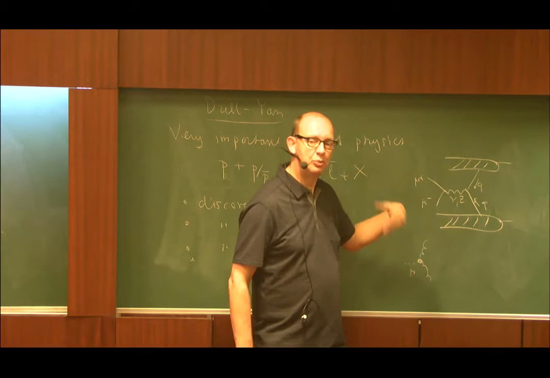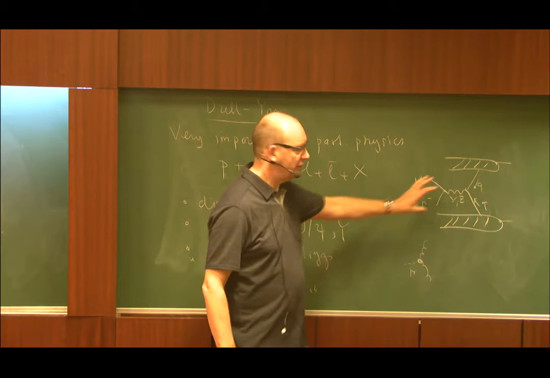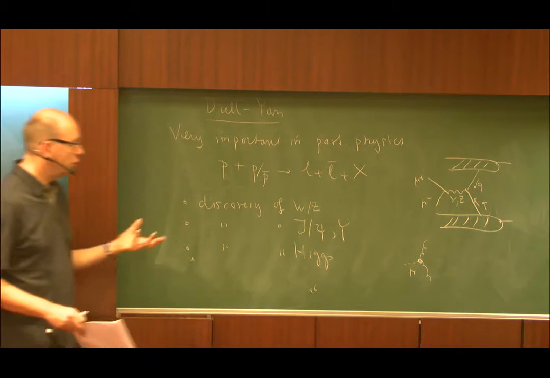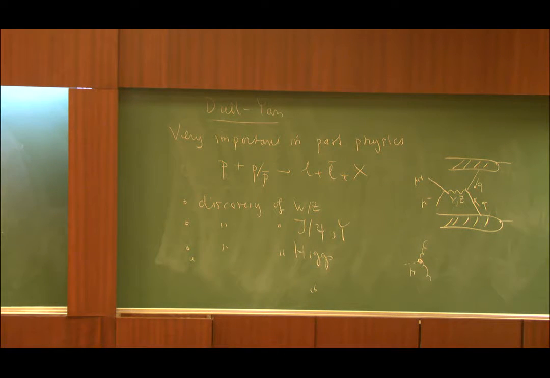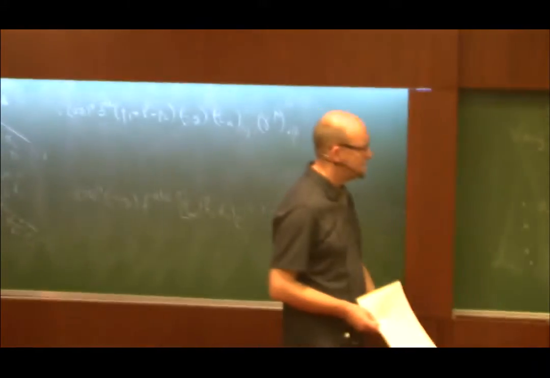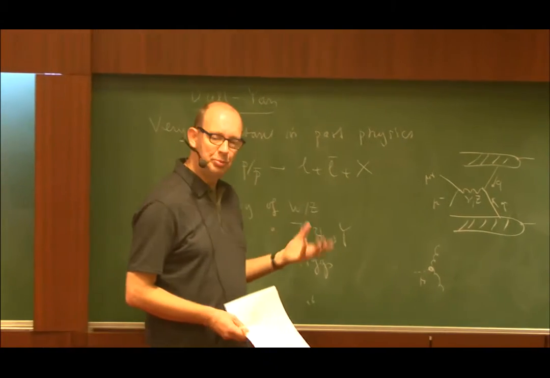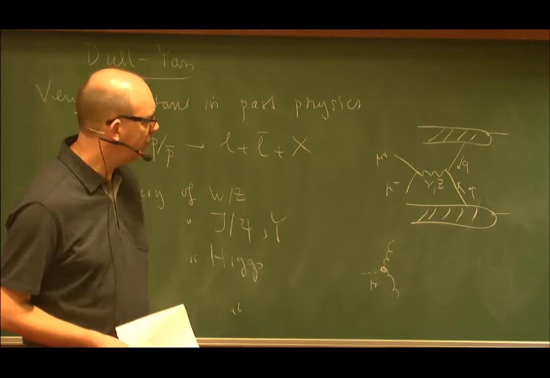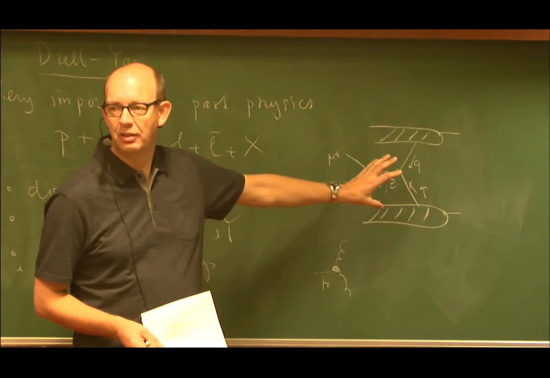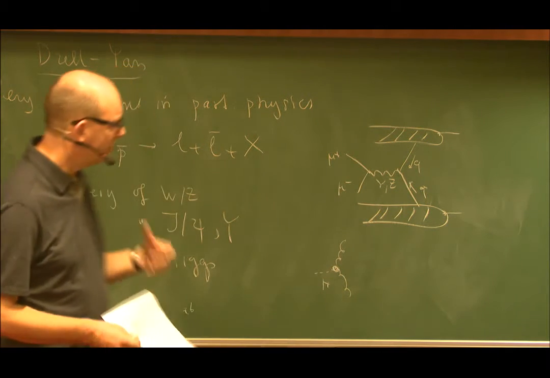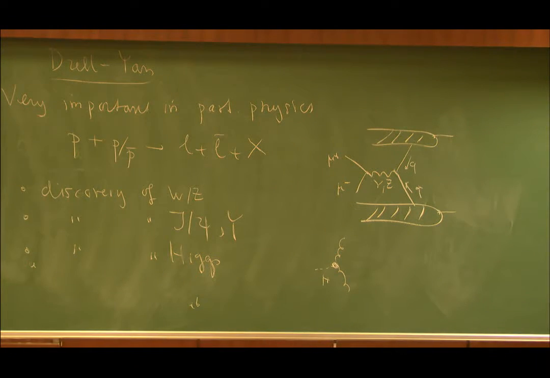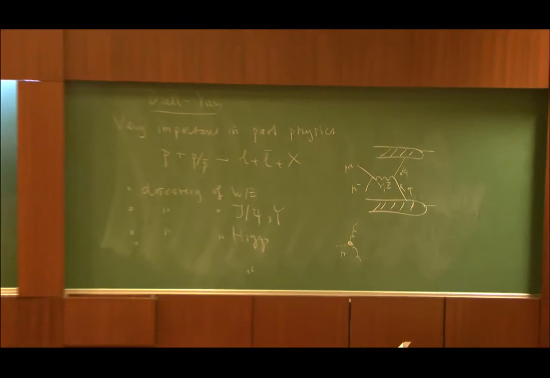But once you get higher orders, this is very important for QCD. It functions for us a bit as a theoretical laboratory. That's a bit of a contradiction in terms, perhaps. But when you have new ideas about perturbation theory, about loop techniques, often the first place you try it out is Drell-Yan, and certainly I do, because it is fairly simple, but exhibits many of the key features that you're looking for.